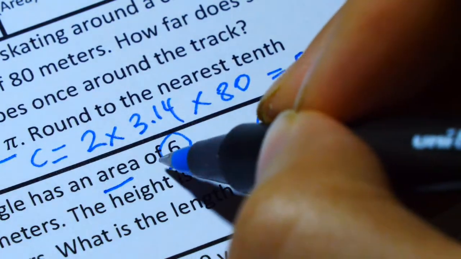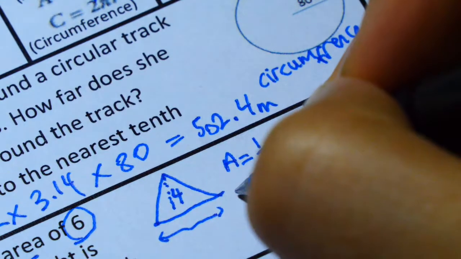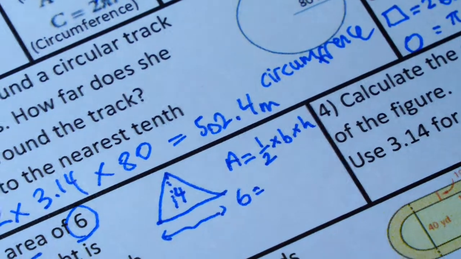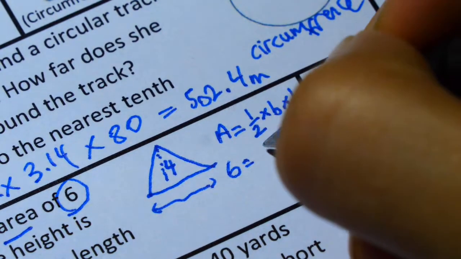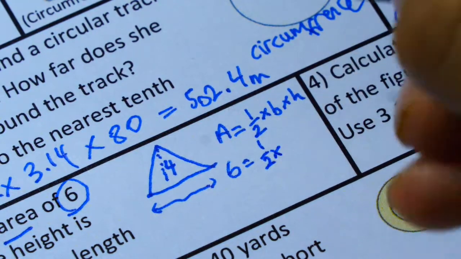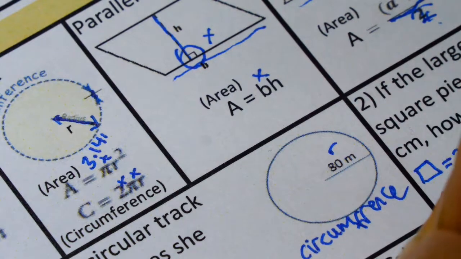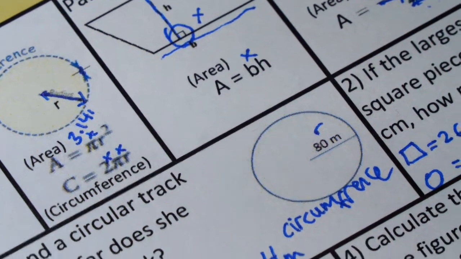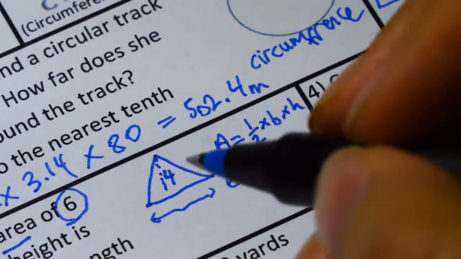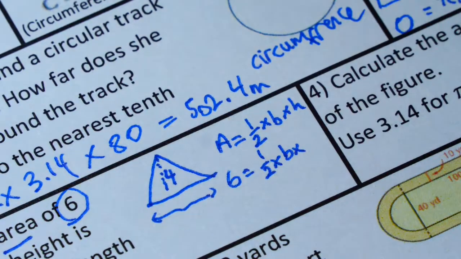We know the area is 6. So A is 6. We have half times B times H. The height is 4 meters times 4.